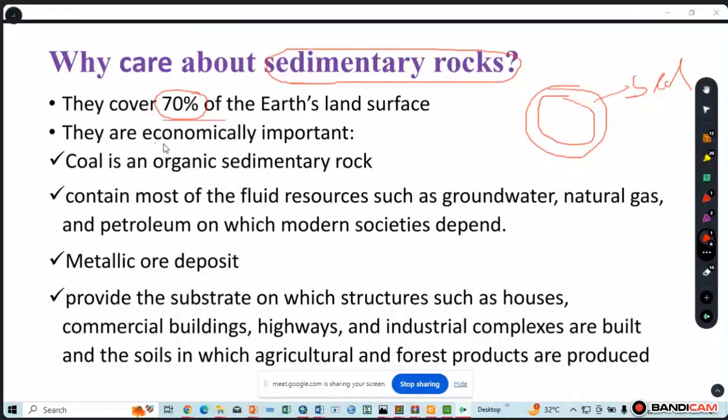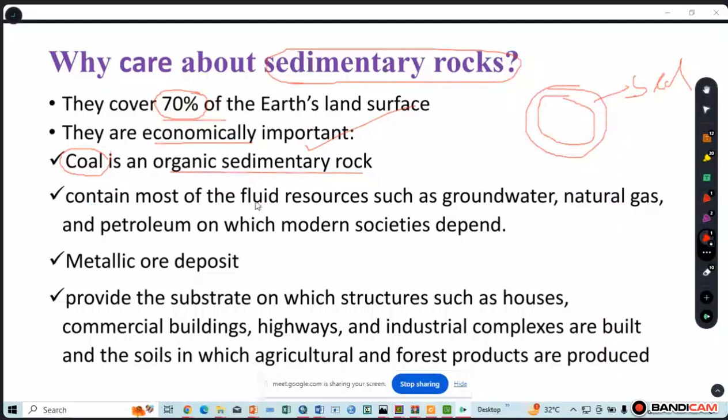They are economically important. Why? Because of the deposition of coal, which is a sedimentary rock. The deposition of coal is mainly the backbone of the economy of our country. Every country depends upon coal because it is very economically important.